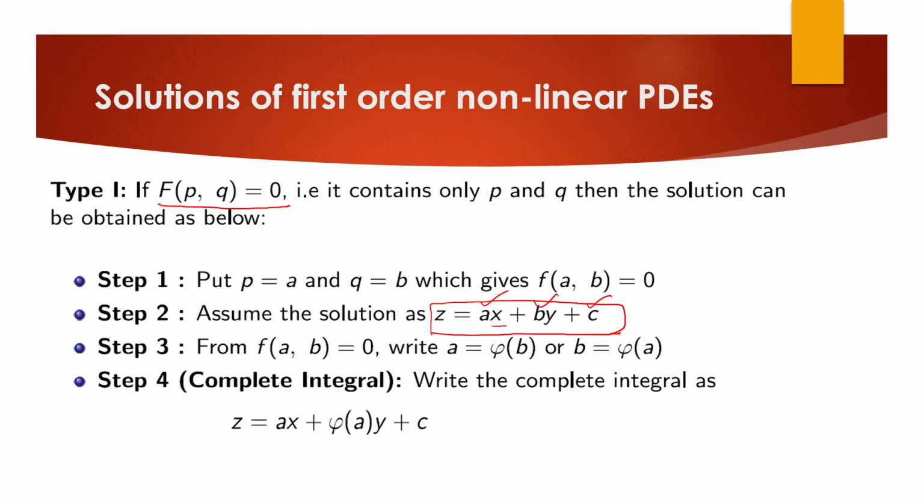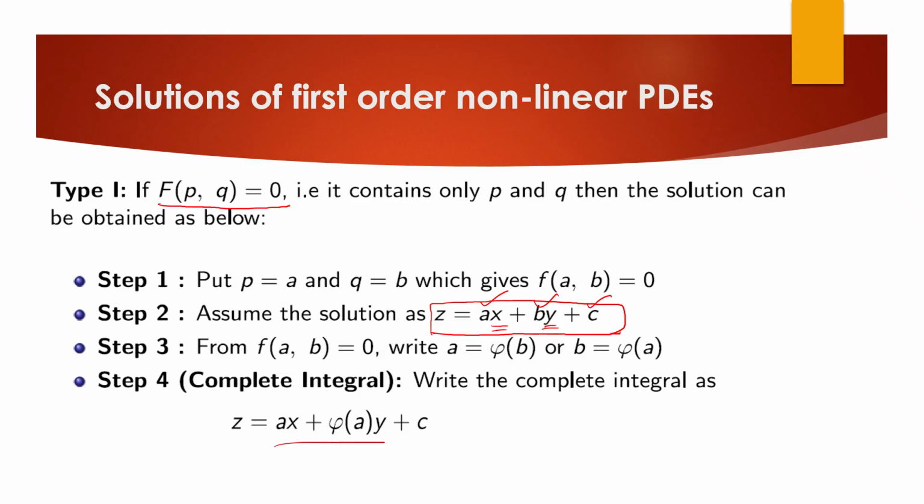Here we have two independent variables, x and y, which means the solution should involve two arbitrary constants, but now we have three arbitrary constants.